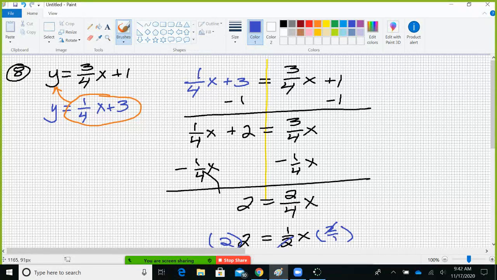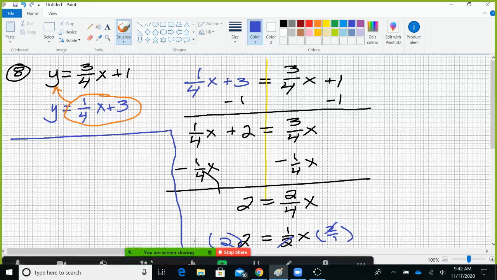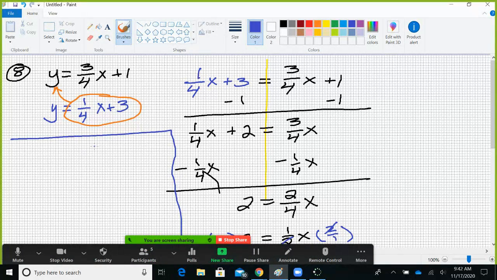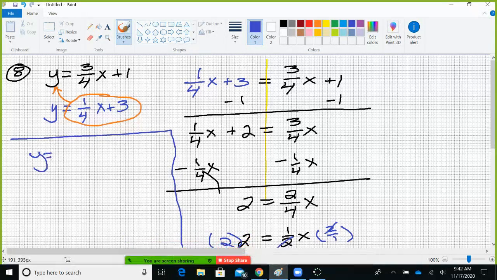You just do it on a different page or something. Okay. That's exactly right. So you just plugged it into that first equation. So y equals 3/4 times 4 plus 1.